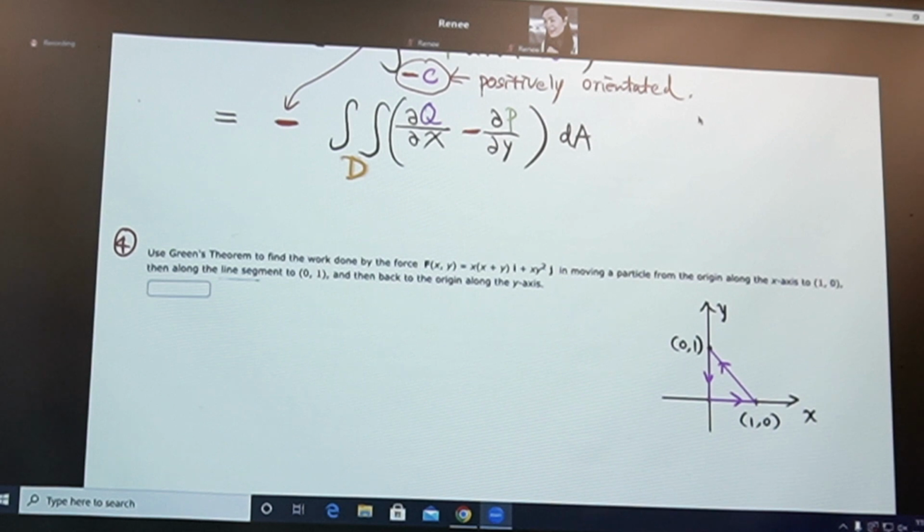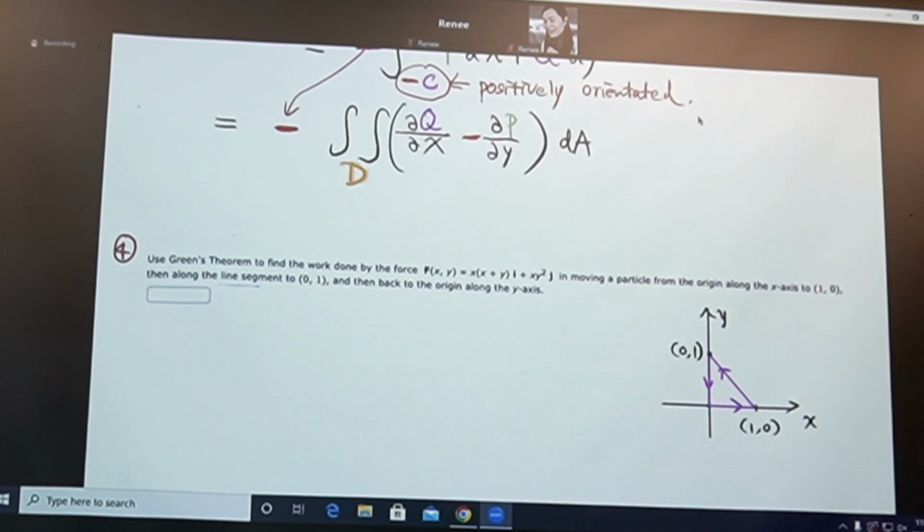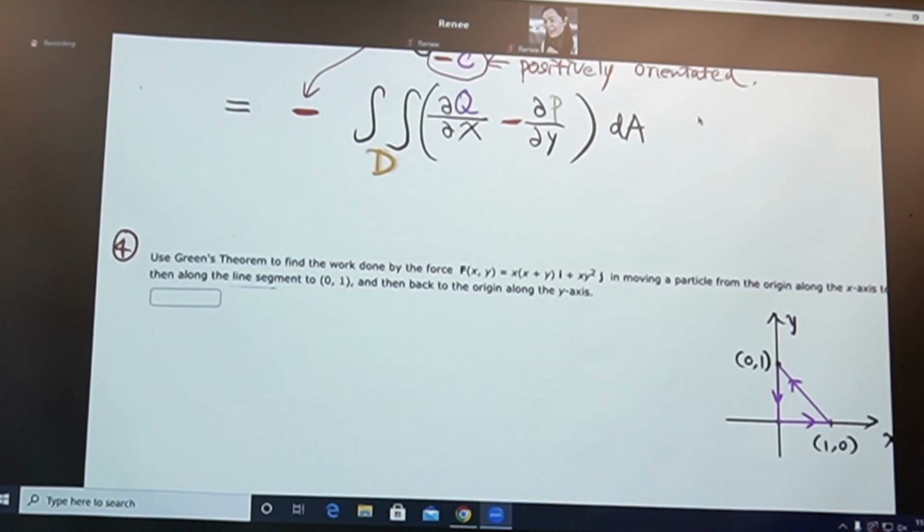Do you guys remember how to calculate the work done by a force? What is it? Can you remember? Let's call it W, for work.